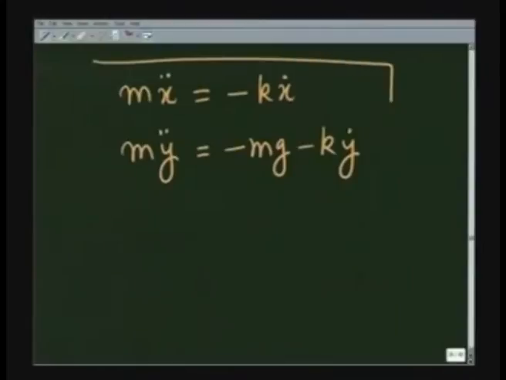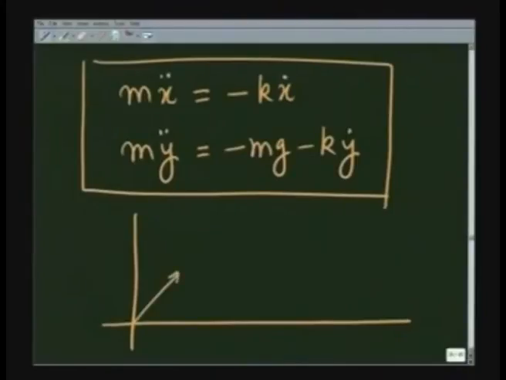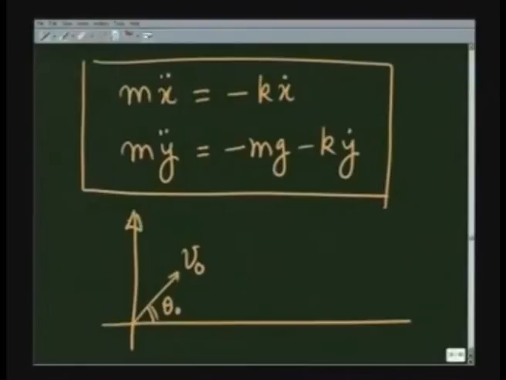These are my two equations of motion when I am solving for a particle which is being thrown at an angle theta 0 with initial speed V0. This I am taking to be positive y direction, this to be x direction.